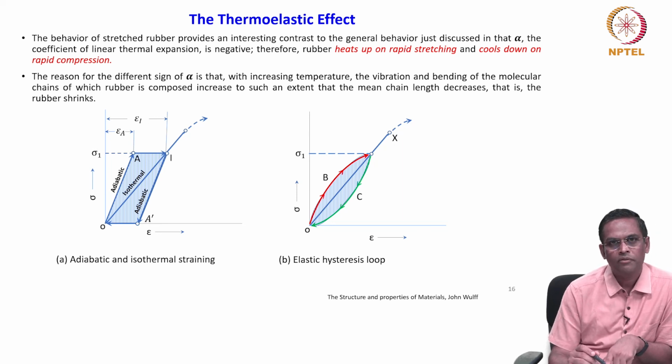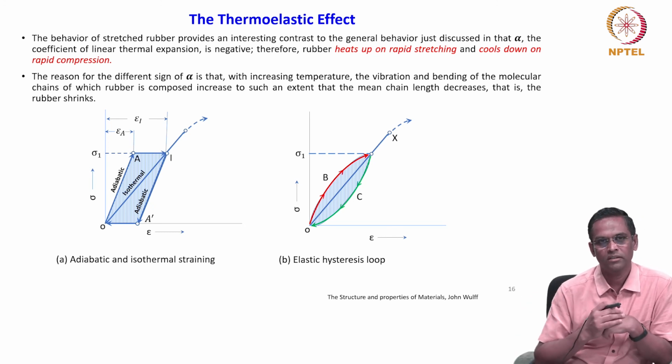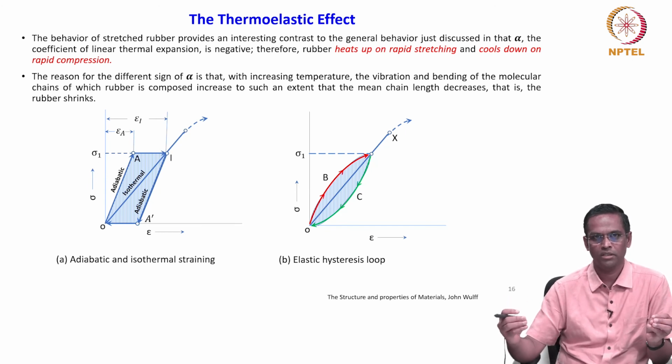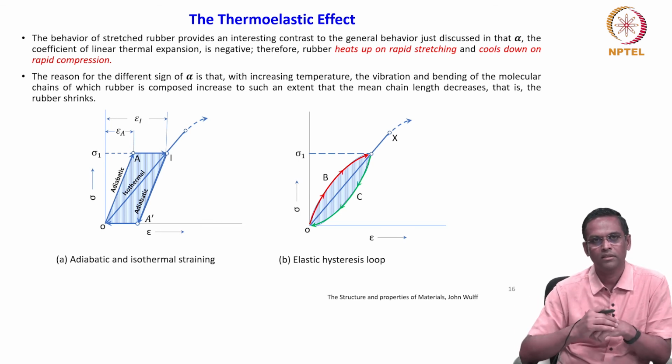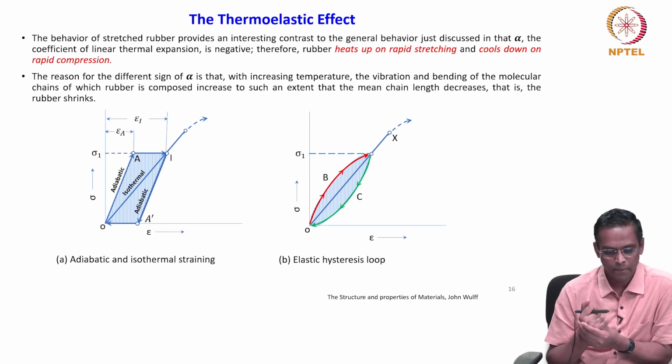There are two kinds of stretching possible, as I said: a very slow stretching, that means equilibrium stretching, or we can do it very fast, like we described certain events before, right? We can do it very rapidly.